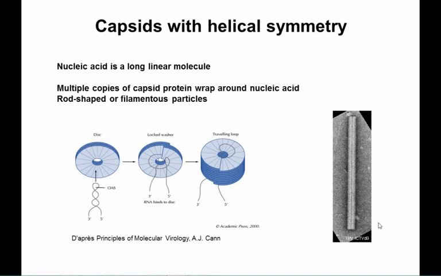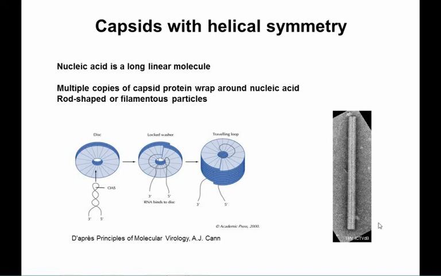Really the philosophy behind the helical capsids is that our nucleic acid is a long linear molecule. Now if I can get a capsid protein that has a tendency to make a circular structure, and I can make circles that go round and round the nucleic acid, this will form a helix that covers up the nucleic acid and will protect it from attack by enzymes or just chemical degradation.